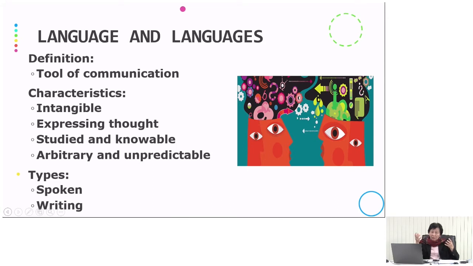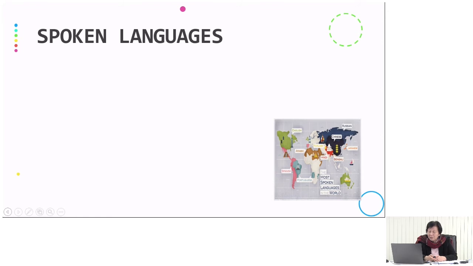If you cannot hear very well, we have to use the body language, something like this, symbolize something. Or sometimes we just write down something differently. So this is the way that we divide the language into two main types. One is spoken language, another is writing language.